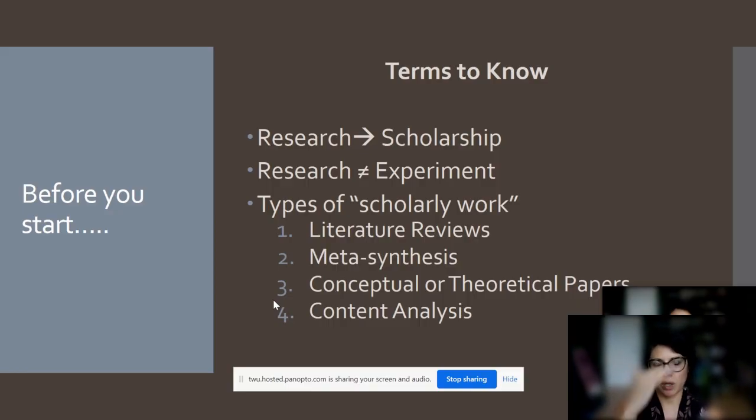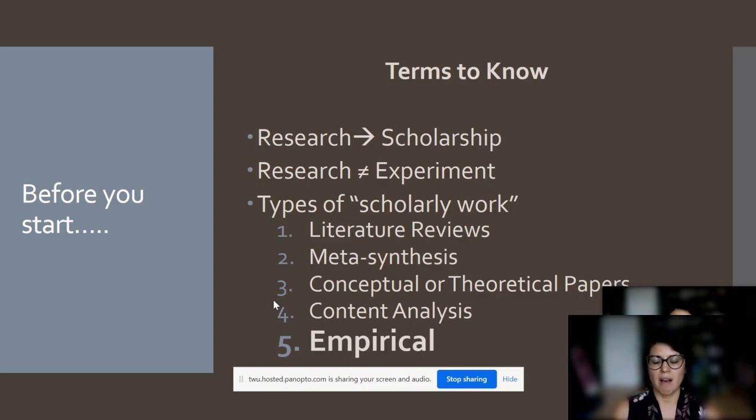So if you are reading your abstract and you see that it's describing any one of these four, a literature review, a metasynthesis, a conceptual or theoretical idea, or a content analysis, that would not count as empirical. Okay. What makes empirical empirical?